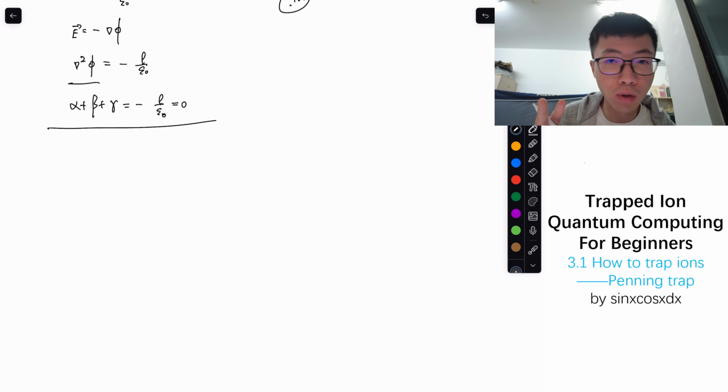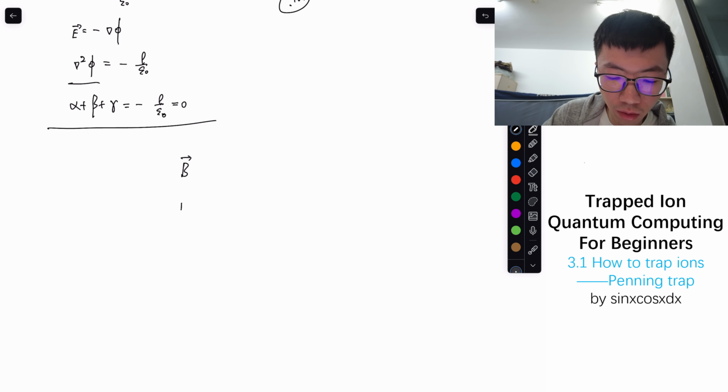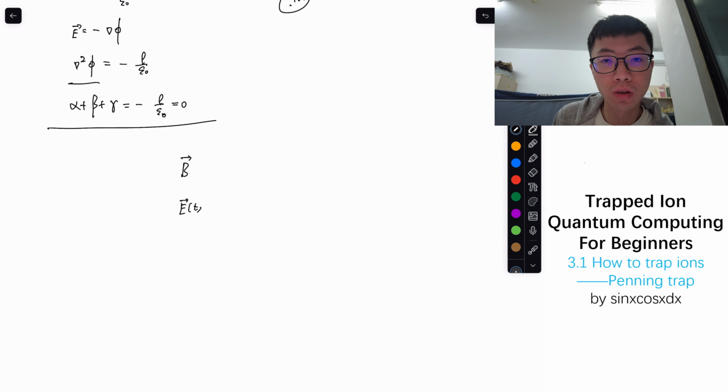One is to use a magnetic field. And the other is to use an alternating time-varying electric field to confine them in other dimensions.